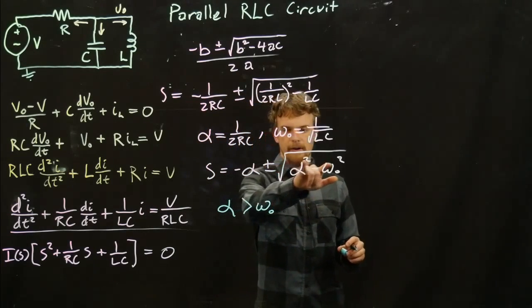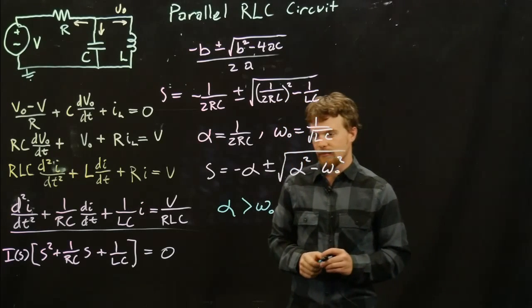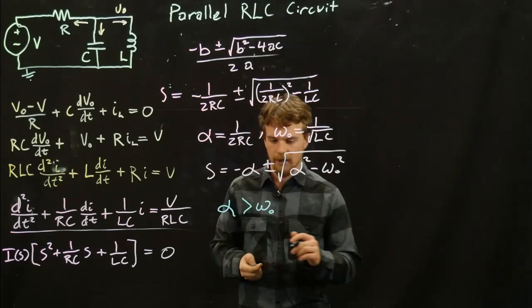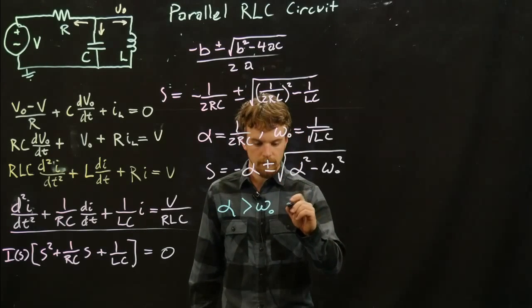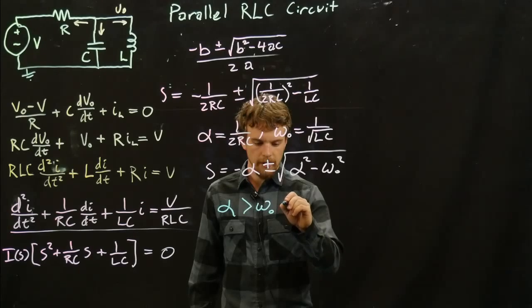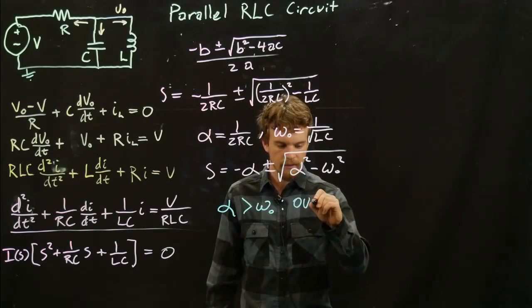So if alpha is greater than omega, there'll be some positive term in this square root, and we'll get just two real roots. We call this the overdamped case.